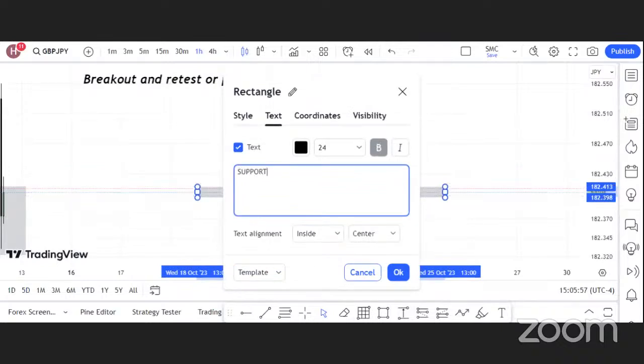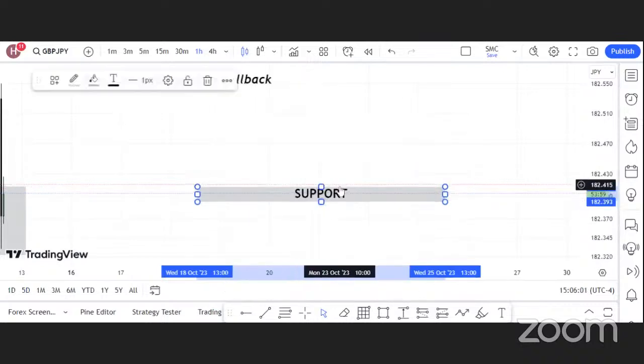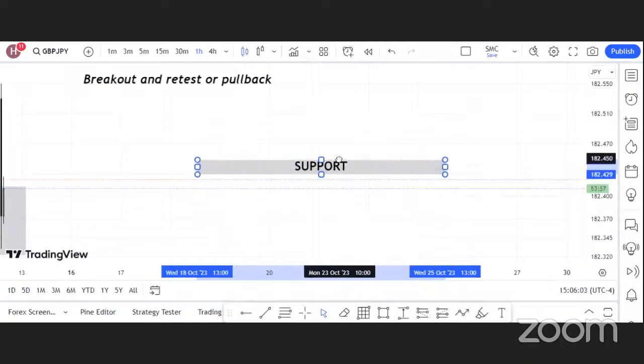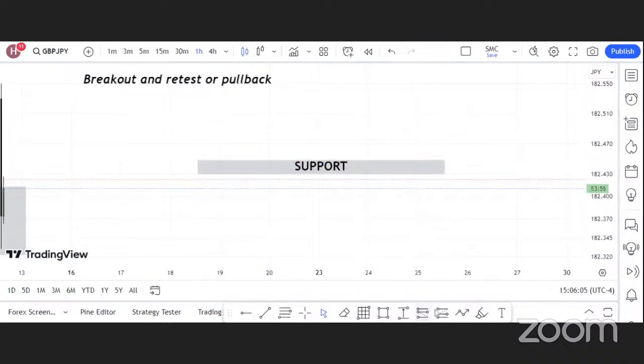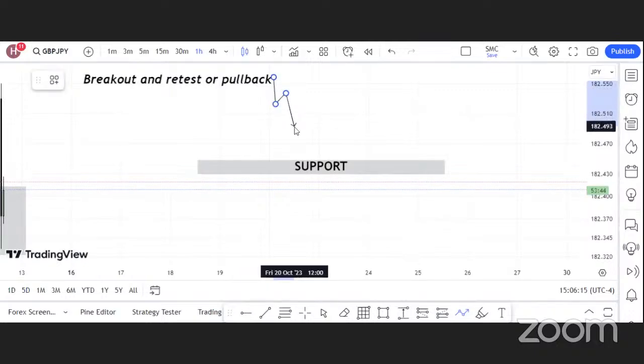Let me just drag it to the center. We have a support. The market is coming from the upside, sorry.